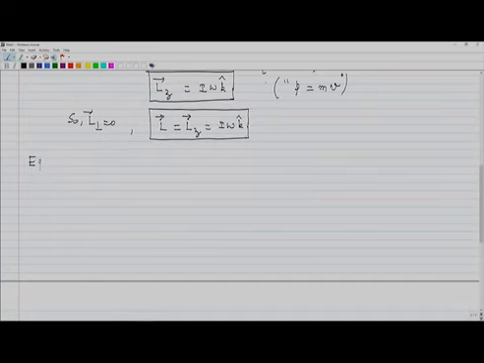Example 1. Let us say that I have a circular disc. This is the axis of rotation, this is z, omega, and its radius is r.